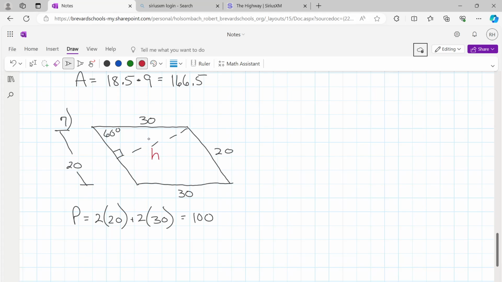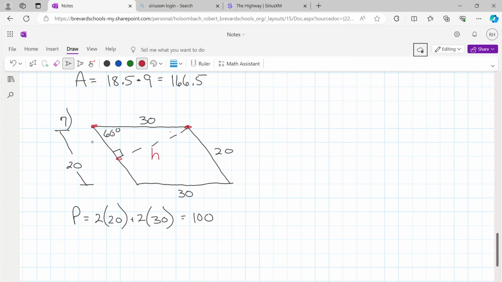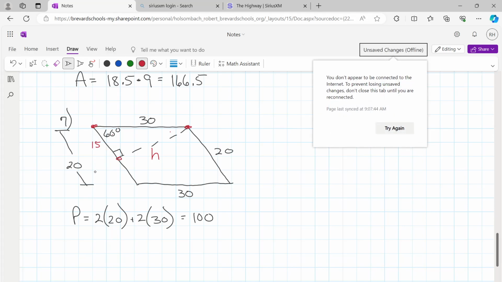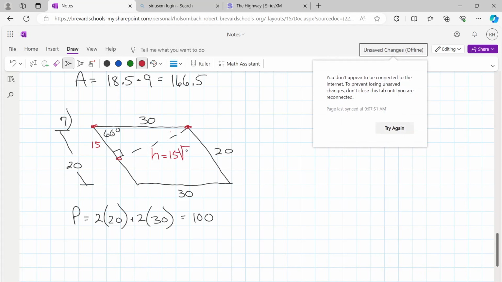Okay? So to find this height, we're going to take the hypotenuse of this 30, 60, 90 right triangle up here, divide it by 2. That gives us the short leg, which is 15. And then we take the short leg times radical 3, and it gives us the long leg, which is also the height. So that's going to be 15 radical 3.